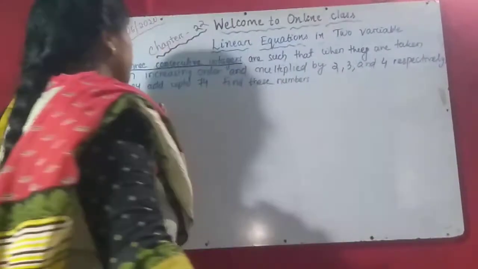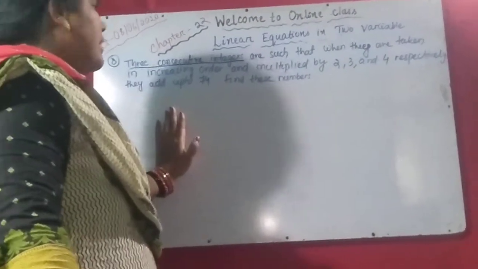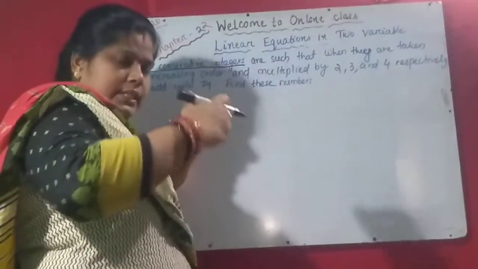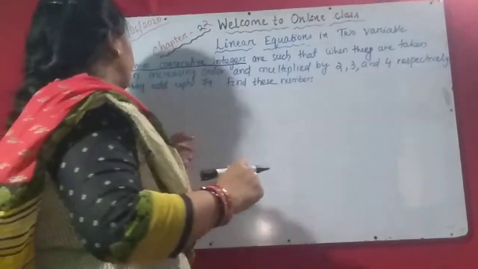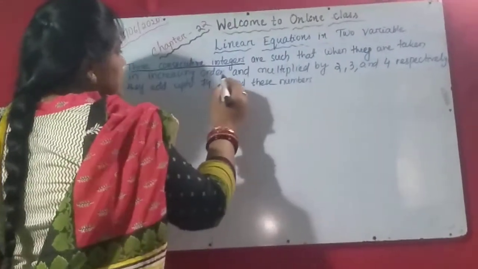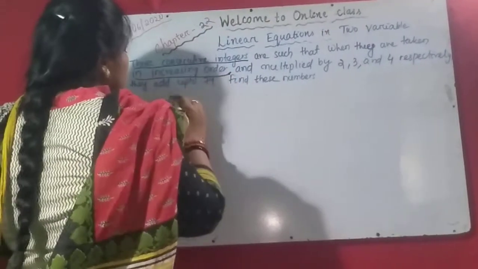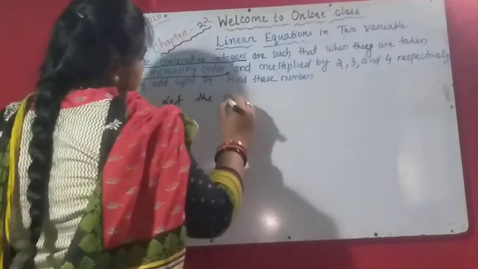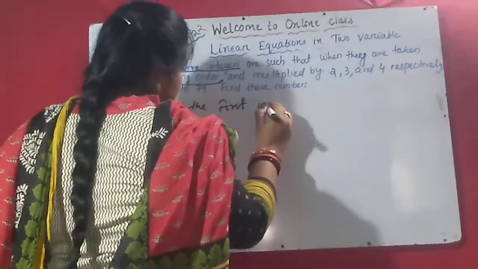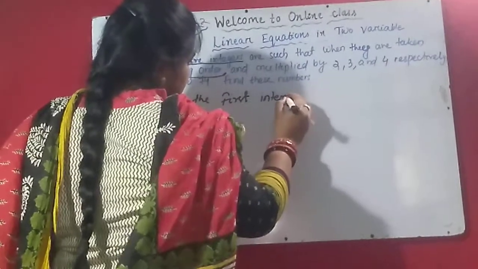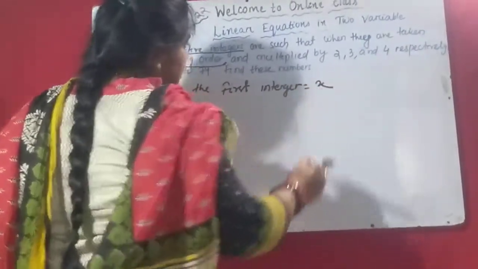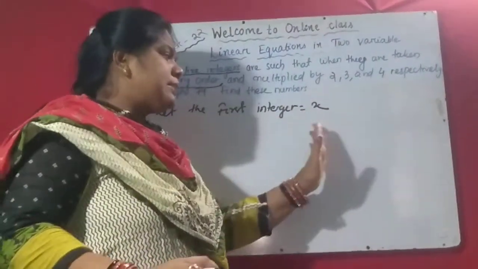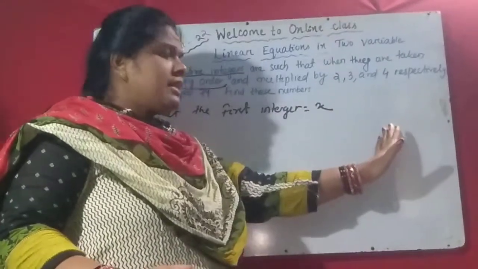So the 3 consecutive numbers are taken in increasing order, increasing means serial: first number, then add one, then add one more. So let the first integer be x. We don't know the 3 integers. If the first number is x, then the next two numbers are x plus 1, then x plus 2.